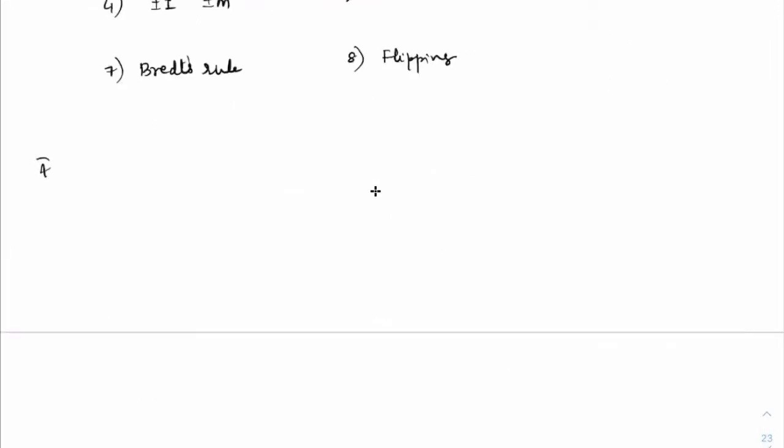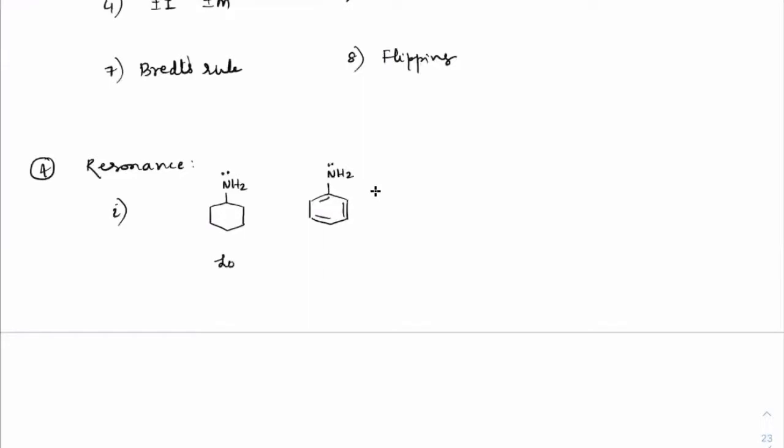Now let us start first with resonance. We'll take a few cases of resonance. First, imagine if you have only NH2, this is localized, while NH2 in aniline is delocalized.